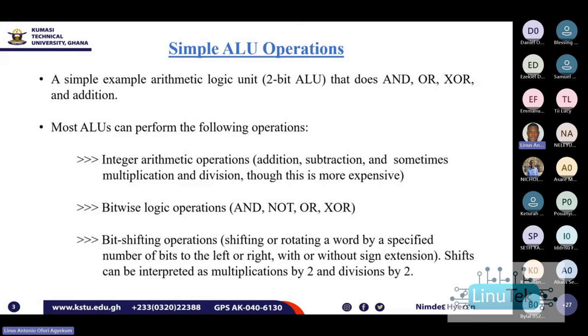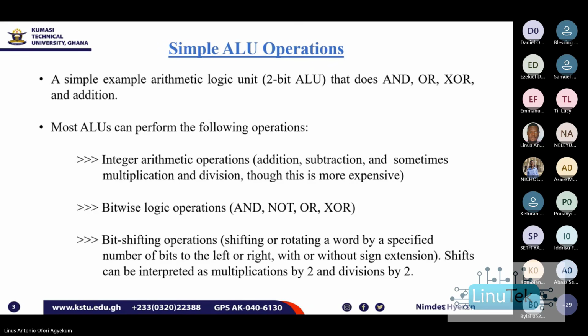And like we said earlier on, the arithmetic logic unit is capable of performing integer arithmetic operations, bitwise logic operations like the AND, NOT, OR, and XOR. And then also, it is capable of performing bit shifting operations, where it shifts or rotates a certain bit either to the left or to the right.